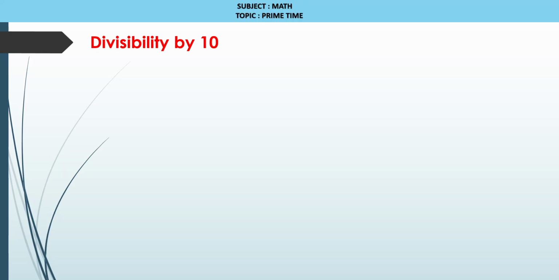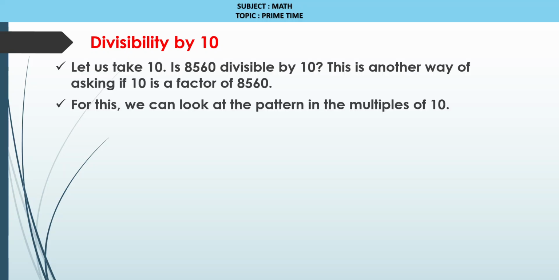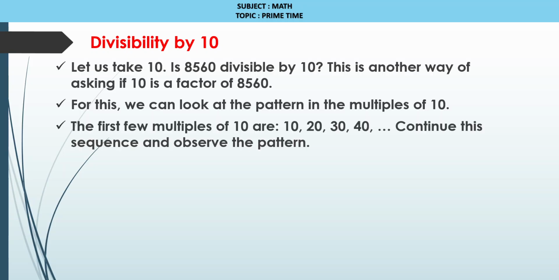First, divisibility by 10. Is 8560 divisible by 10? This is another way of asking if 10 is a factor of 8560. For this, we can look at the pattern in the multiples of 10.